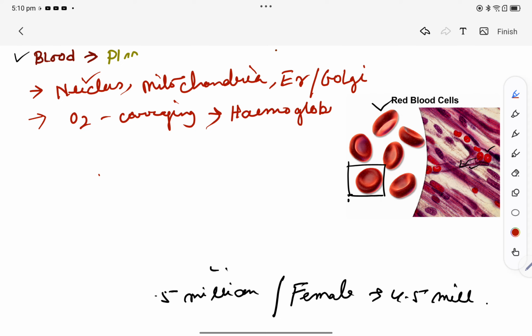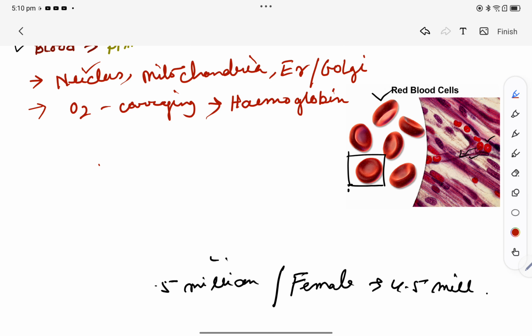Since they do not have a nucleus, it gives them more space to carry more hemoglobin. They also don't have mitochondria. It means the oxygen that they carry, they cannot use it for themselves. So they transfer the oxygen throughout our body.